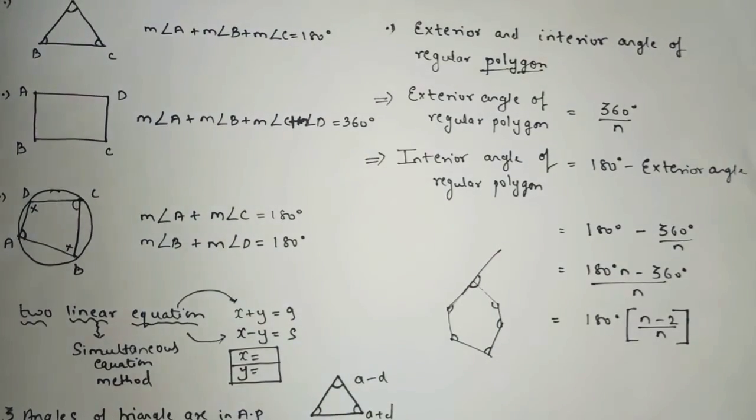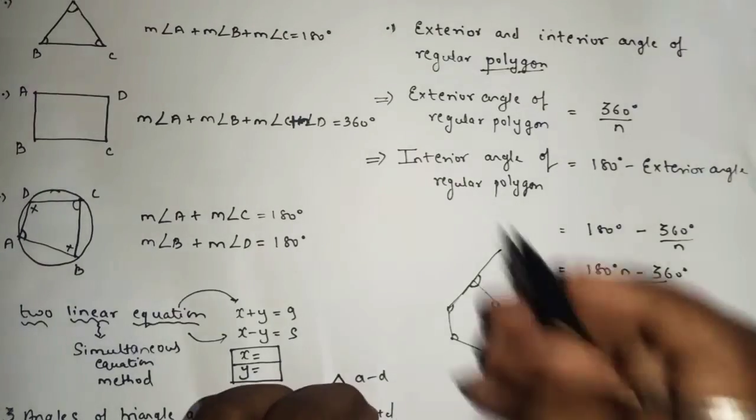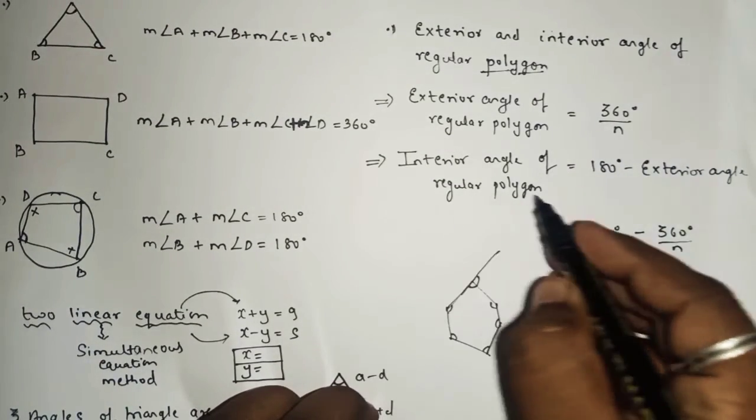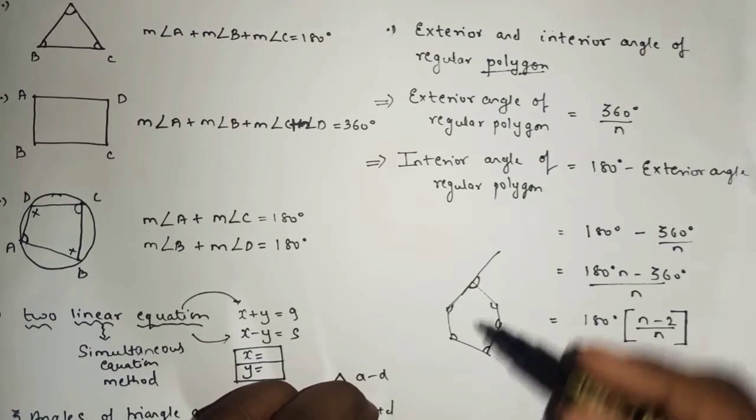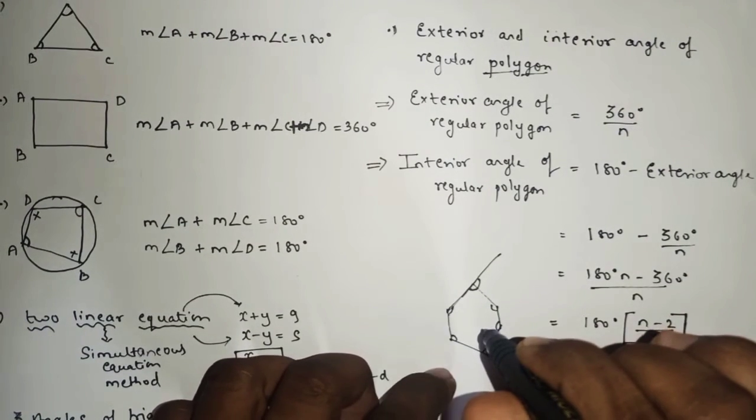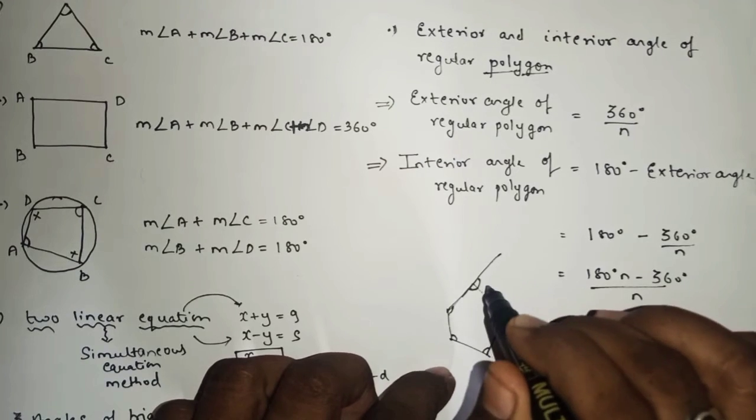Here we have a formula. Sometimes they will simply say you have to find the interior angle of the regular polygon. To find the interior angle, first we require the exterior angle.